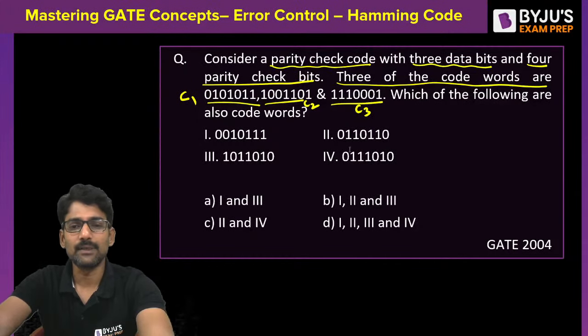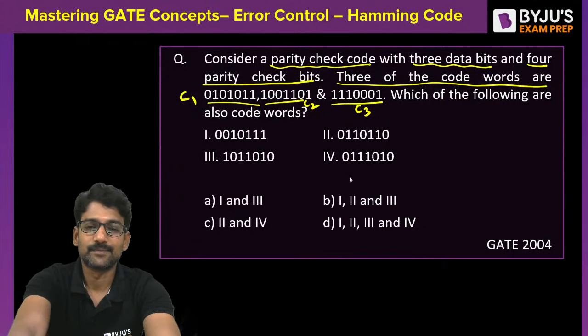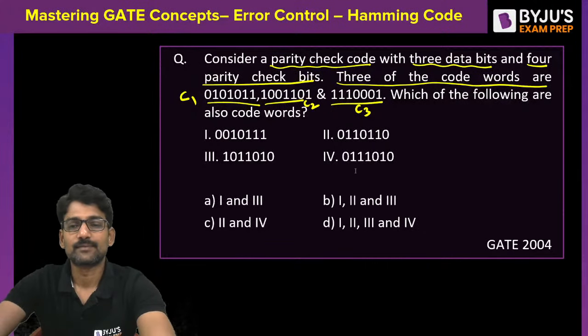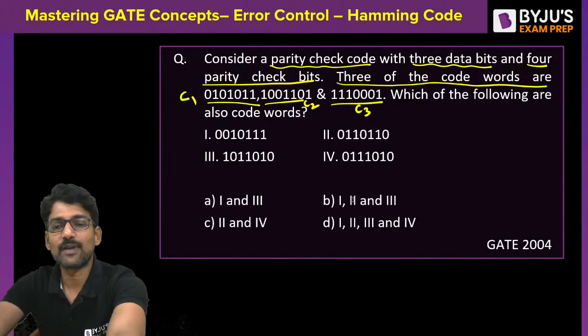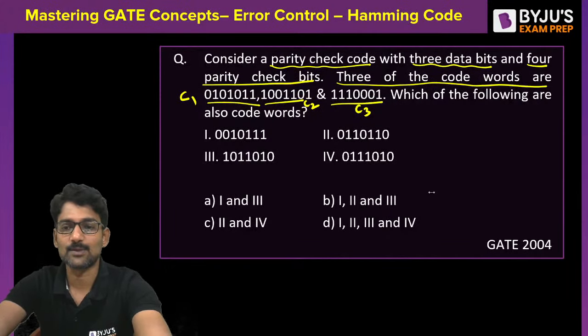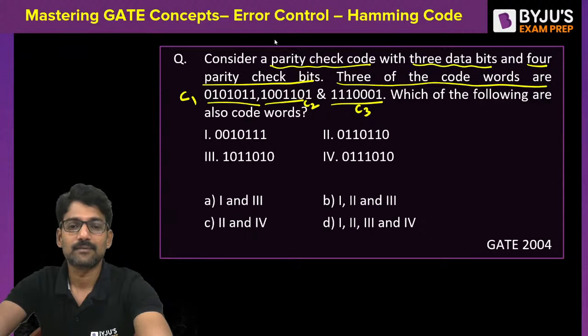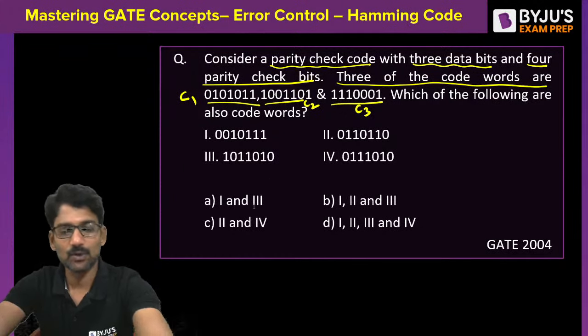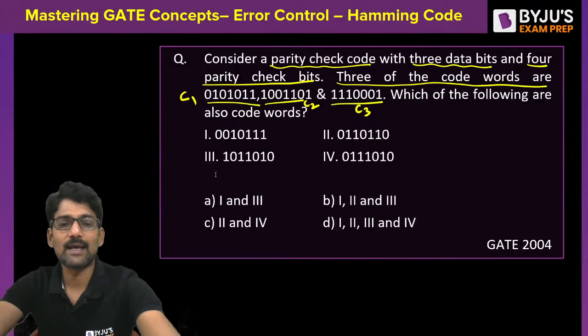I said, if you remember, XOR of any 2 valid code words is also valid. Do you remember? XOR of any 2 valid code words is also valid. Right. So how do you find which are valid code words here?